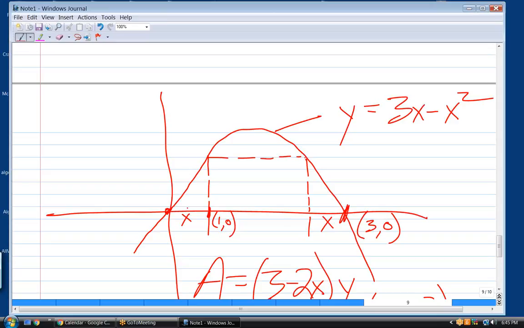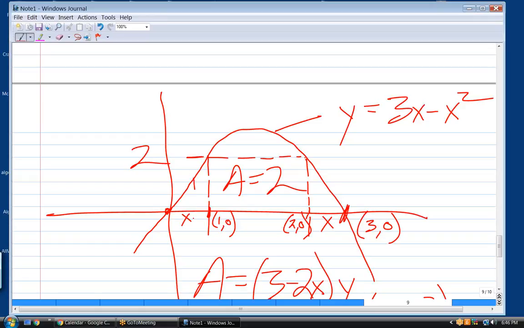Well, that's 1, that's 1, this has to be 1, this point here must be 2, comma 0. And the height at x equal 1 is 2. So the area of that rectangle is 1 times 2, area equals 2, and there's no other value of x that will produce that much area.